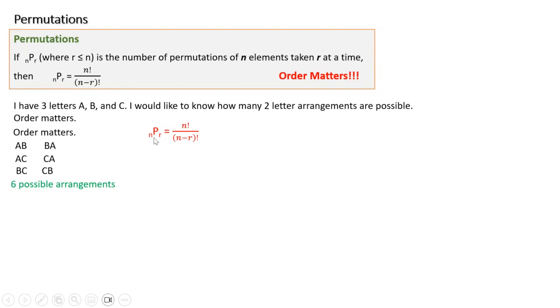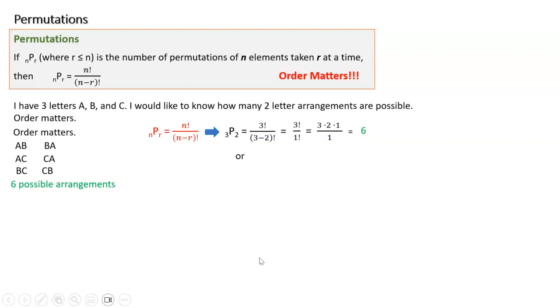So we're going to use 3P2. By using the formula, it's going to be 3 factorial divided by (3 minus 2) factorial, which will give us 3 factorial over 1 factorial. So the answer will be 3 times 2 times 1 over 1, which is 6. That's how we use these types of permutations.